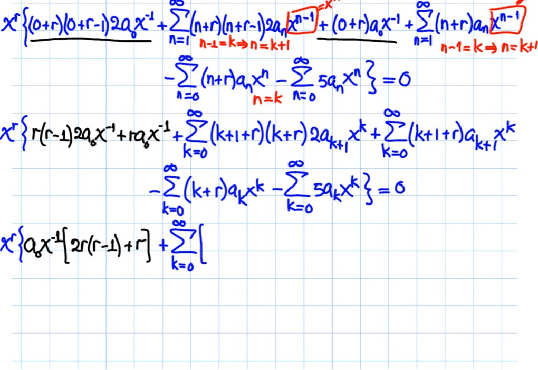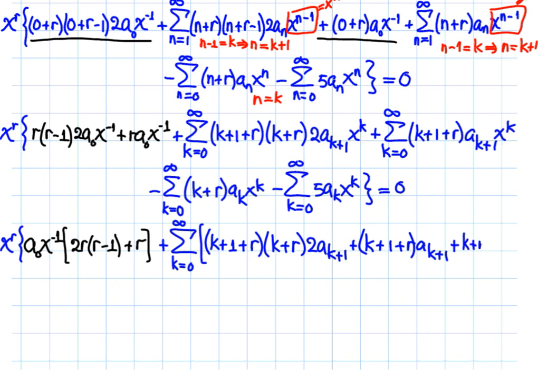First we can only factor out x to the k. So first we have k plus 1 plus r, k plus r, a of k plus 1. That's the first coefficient, x to the k factored out. Next we have k plus 1 plus r, a of k plus 1, and then k plus r, a sub k. Try to fit everything here.